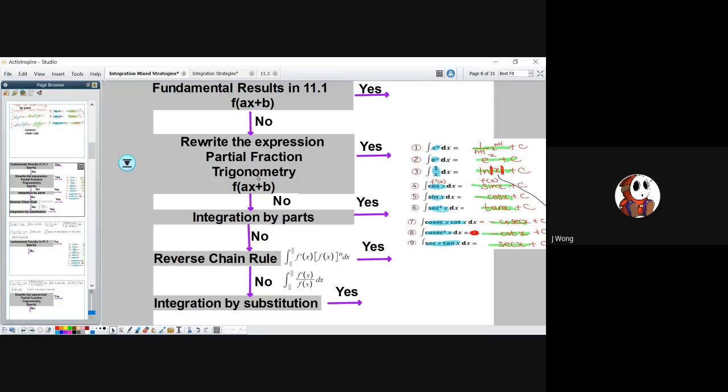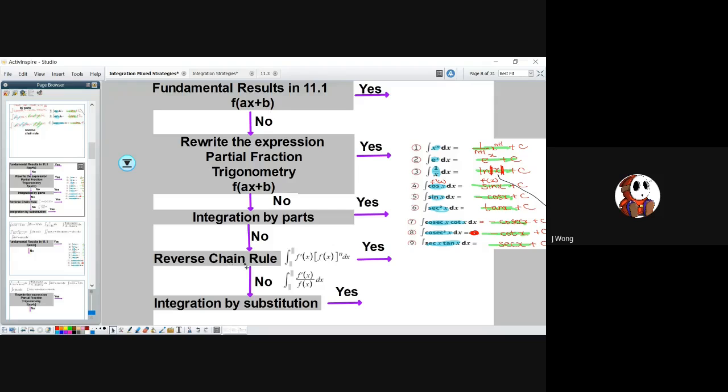If the answer is still no, then you could consider using integration by parts, which caters for integrals where there are 2 different classes of functions within it. If yes, then finish. If no, then you could consider using reverse chain rule, which comes in these 2 formats.